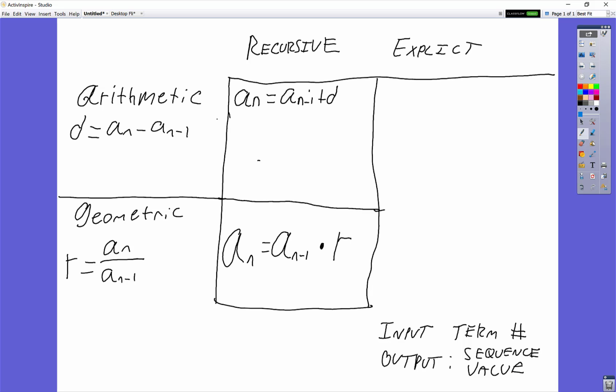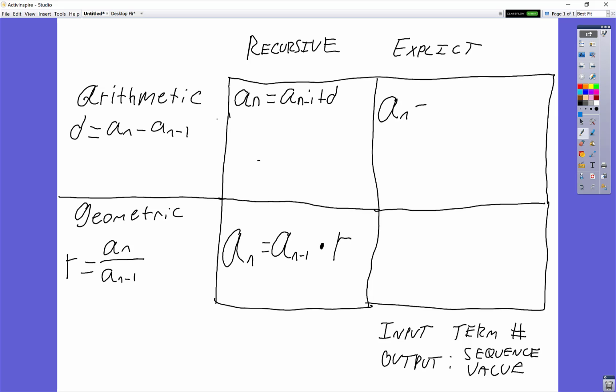So for an arithmetic sequence, you're going to have an, and this is just the formula. If your other teacher wants to determine how this is derived, that's for another day. The form is going to be an is equal to a1 plus d times n minus 1.